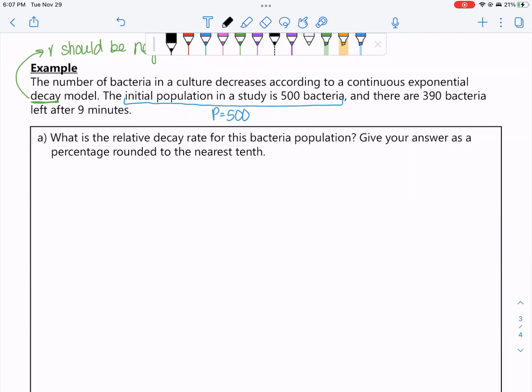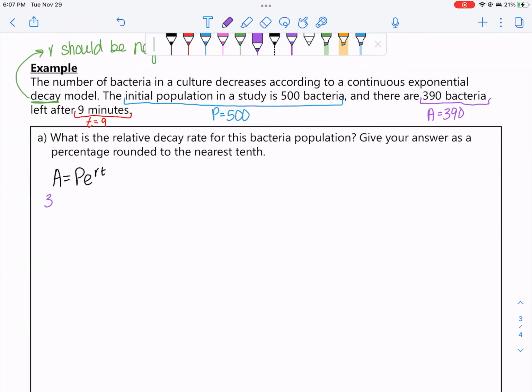Anyway, for our relative decay rate, we have 500 bacteria, and we have 390 bacteria after 9 minutes. So the accumulated amount is 390, and that happens after 9 minutes, so t is equal to 9. A is equal to Pe^(rt).